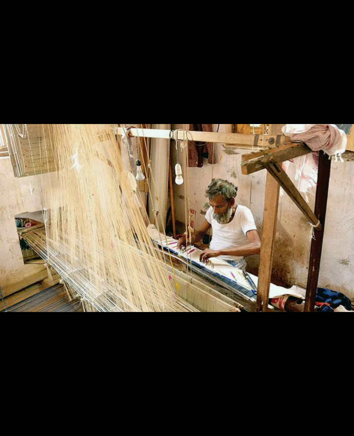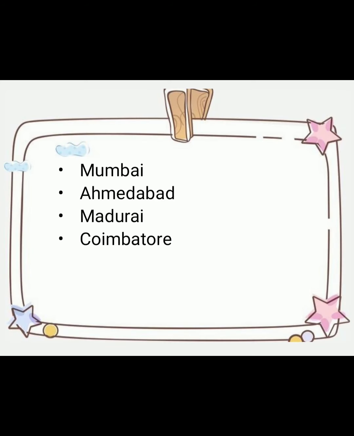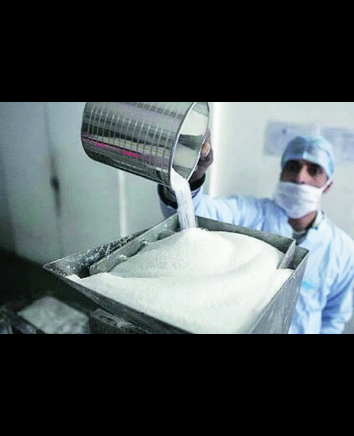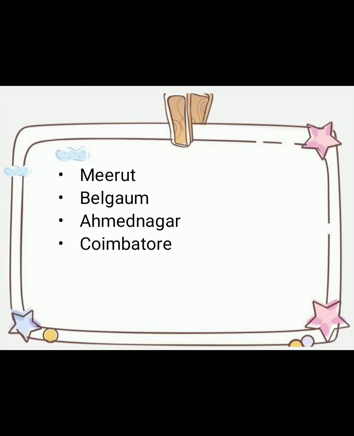The industry has centers located in Mumbai, Ahmedabad, Madurai, and Coimbatore. The sugar industry in India is another important industry of the country. Its centers are located in Meerut, Belgaum, Ahmednagar, and Coimbatore.